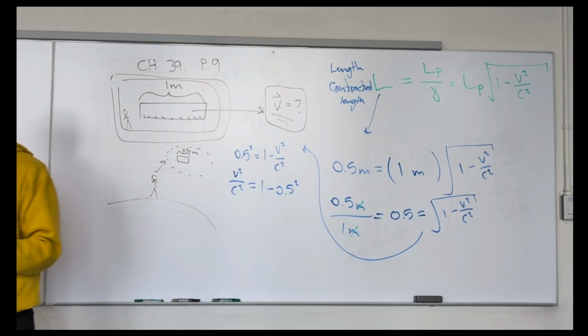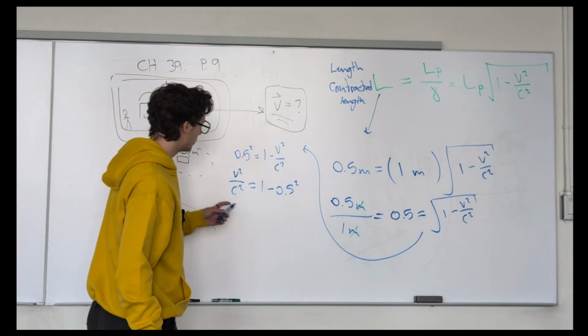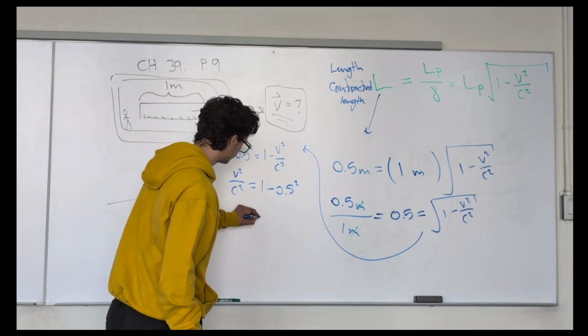I'm going to actually calculate 0.5 squared. Maybe it's 0.25. That's my guess, but I don't want it to be wrong because of my calculation guesses. So 0.5 to the power of 2 equals 0.25, makes sense. 1 minus 0.25 is 0.75.